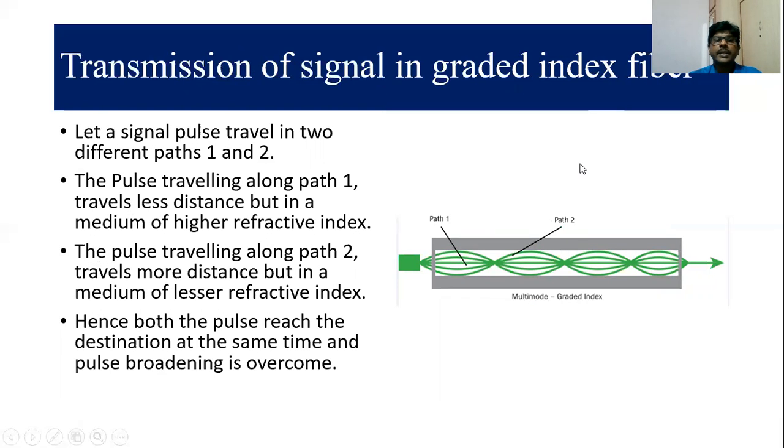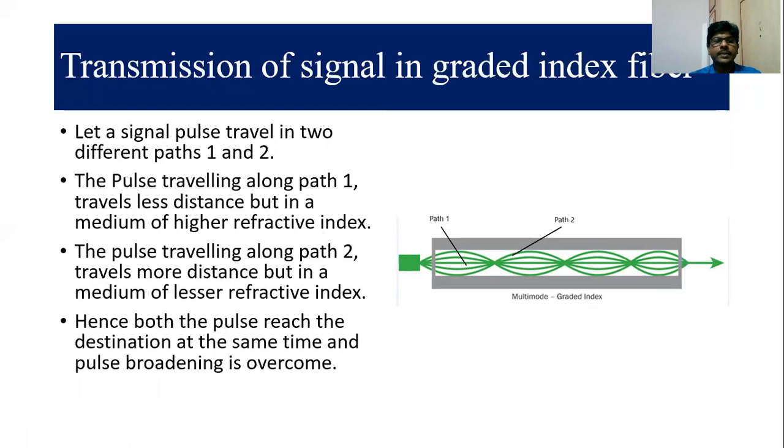Next, we can see the transmission of signal in graded index fiber. Let a signal pulse travel in two different paths. Path 1, the innermost region, path 2, the outer region. The entire thing is the core. The pulse traveling along path 1 travels less distance but in a medium of higher refractive index. Medium of higher refractive index means what happens to the velocity?